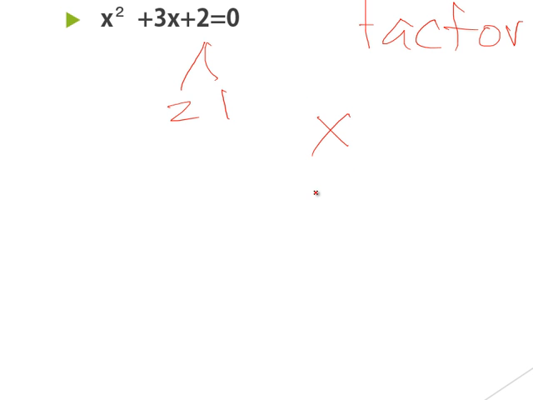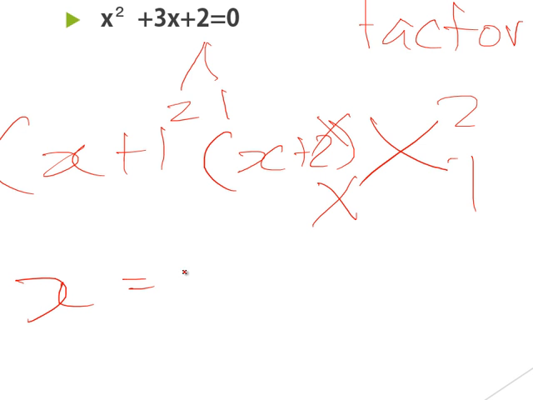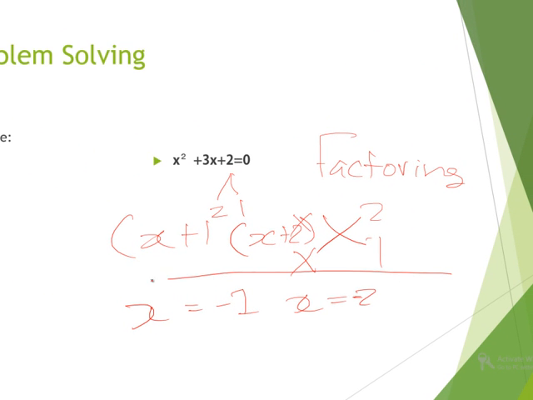So we can go like this, x and x, 2 and 1, which will be 3. So x plus 1 and x plus 2. So x is equal to negative 1 and x is equal to negative 2. So here we got our answers.